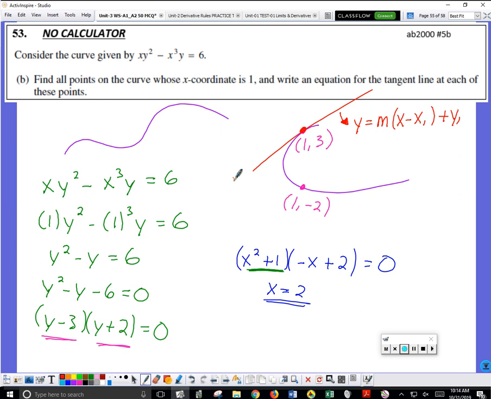In this equation, you need to memorize that the m represents the slope of the line. x1, y1 represent a point on the line.